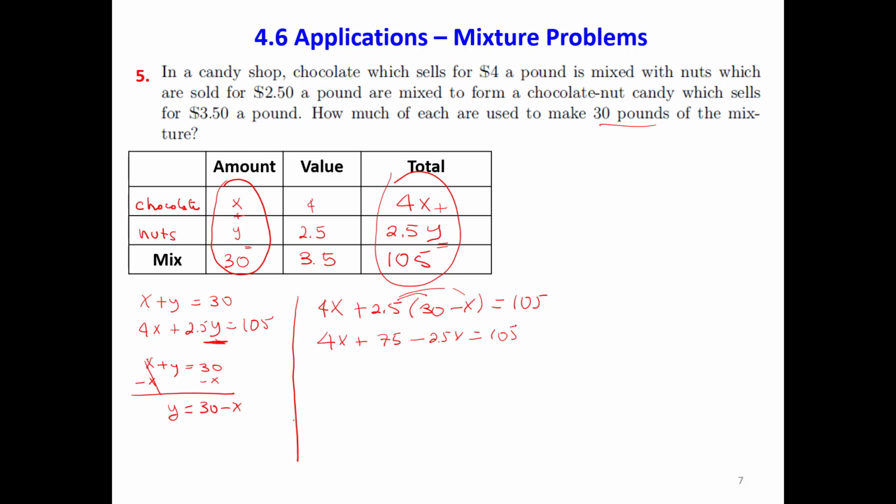Now let's combine the like terms. 4x minus 2.5x equals 1.5x, plus 75 equals 105. And now we solve for x.